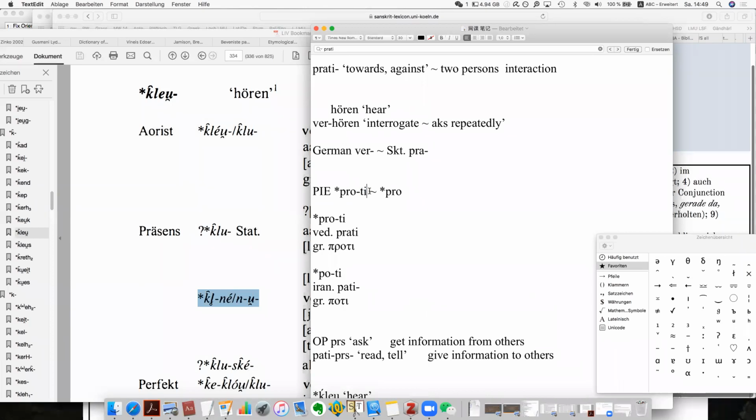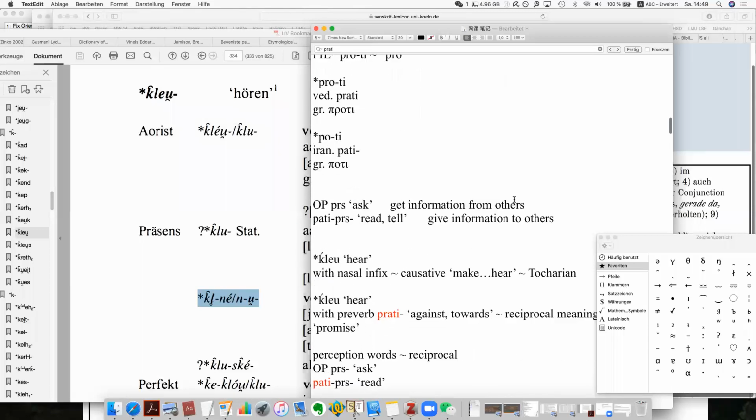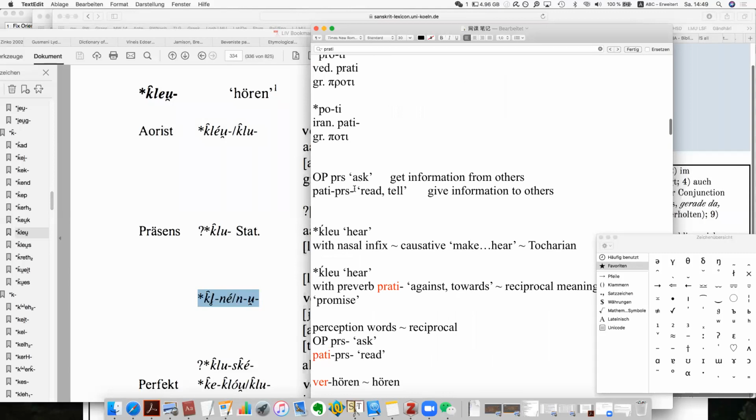So then we know pati, prati, these three preverbs can express the meaning of reciprocation or interaction between two. This is why we have prs, which means to ask repeatedly, interrogate, which means "towards," right?